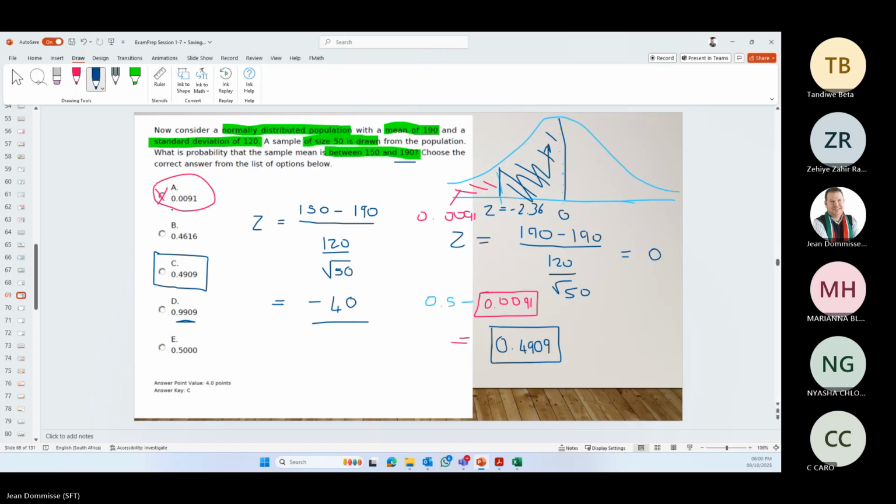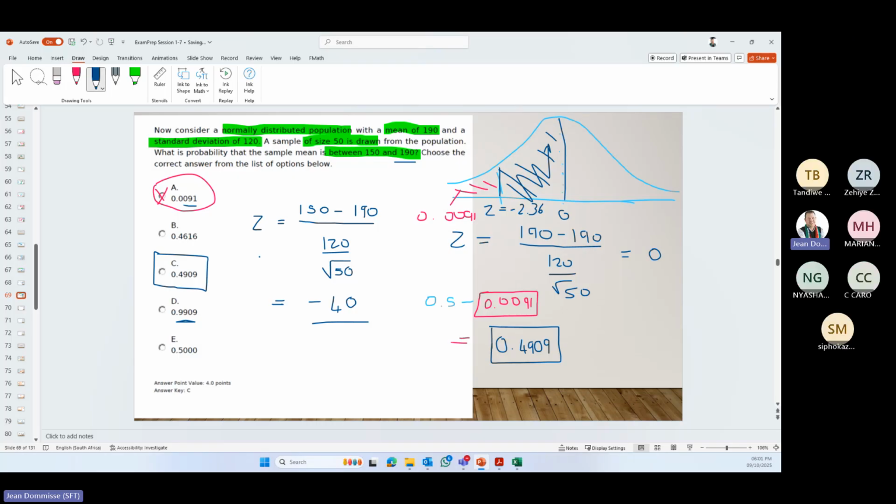In your assignments, if you work this out and pick this 0.0091, you might get a half or 1 mark. So it's not going to be 0 or 5 or 4 marks. You will be able to get a mark or two, even though you're wrong, because you got that component at least right.